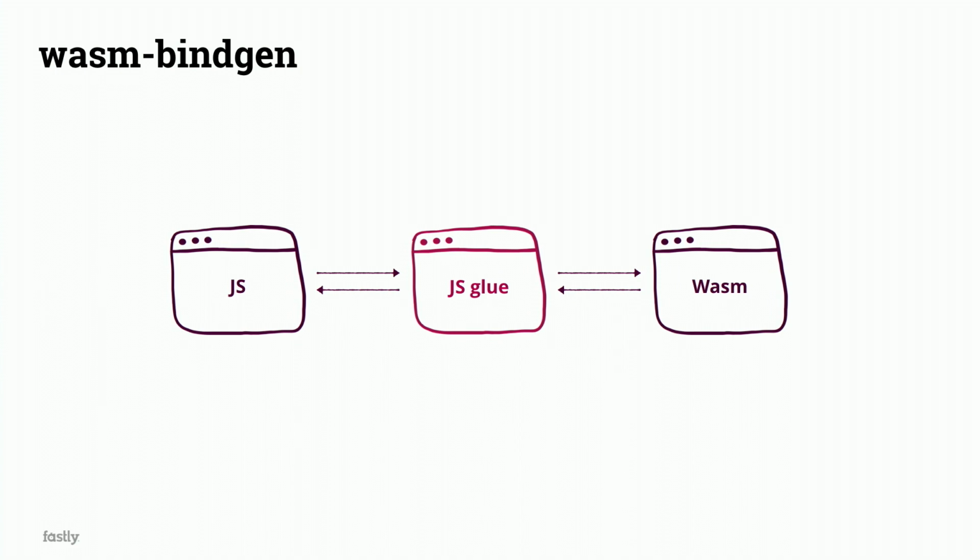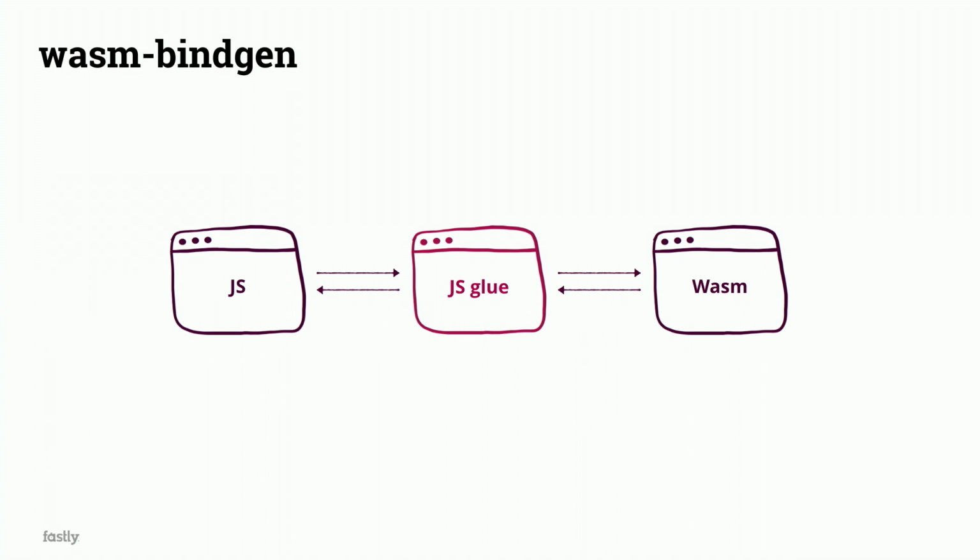So it doesn't actually have a string type. You can't just pass it the Markdown string. And so this is where we need to create some JS glue code that when you give it a string, it converts that string into a byte array and then passes that byte array, or the pointer in memory, to the WebAssembly module. But that's a really annoying developer experience for me.